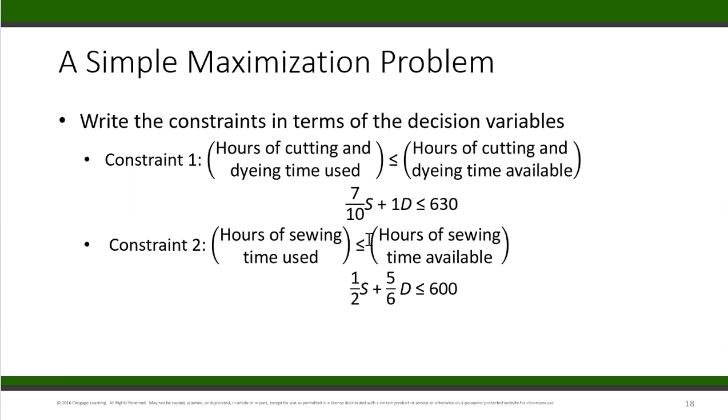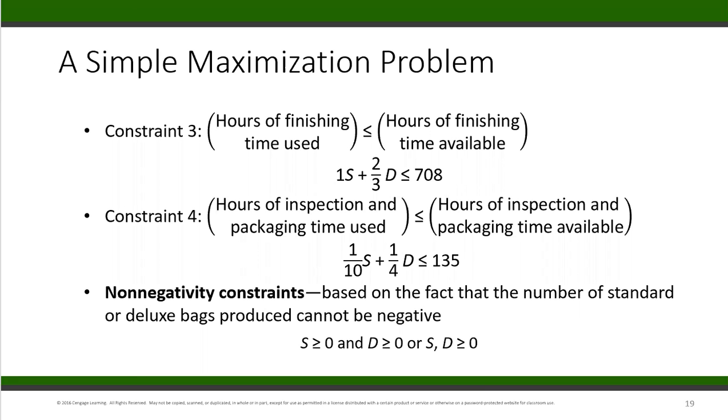With the same logic, you can write down the constraint for sewing and the other two, finishing, and inspection and packaging, right? And then at the end, we have the non-negativity constraint, meaning that the number of production cannot be negative. You either produce or do not produce.